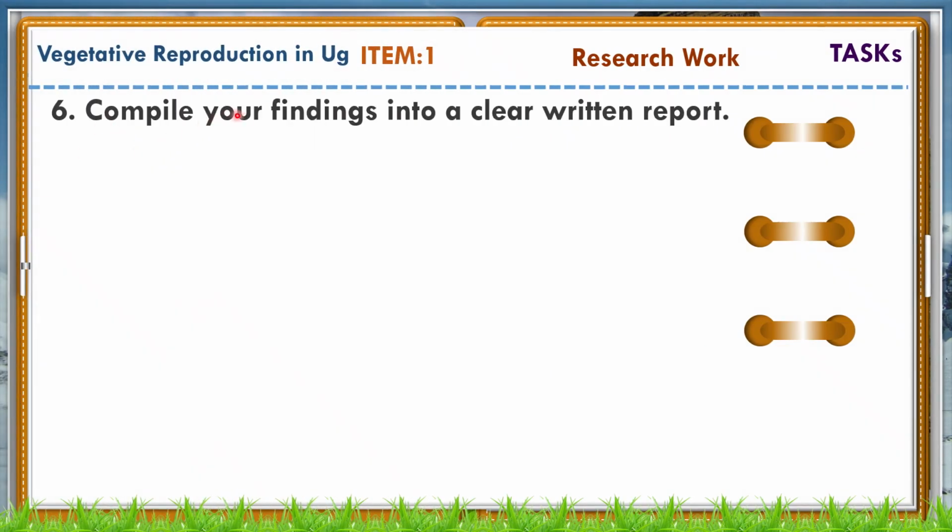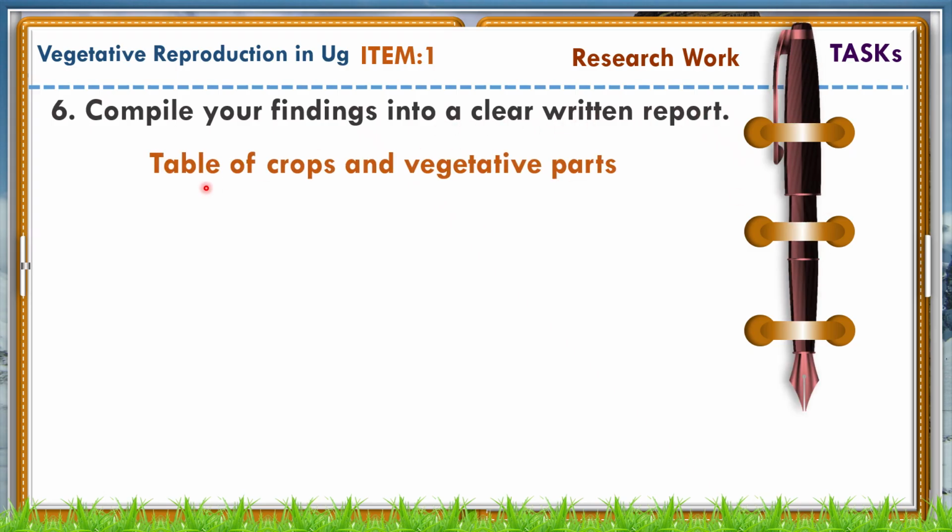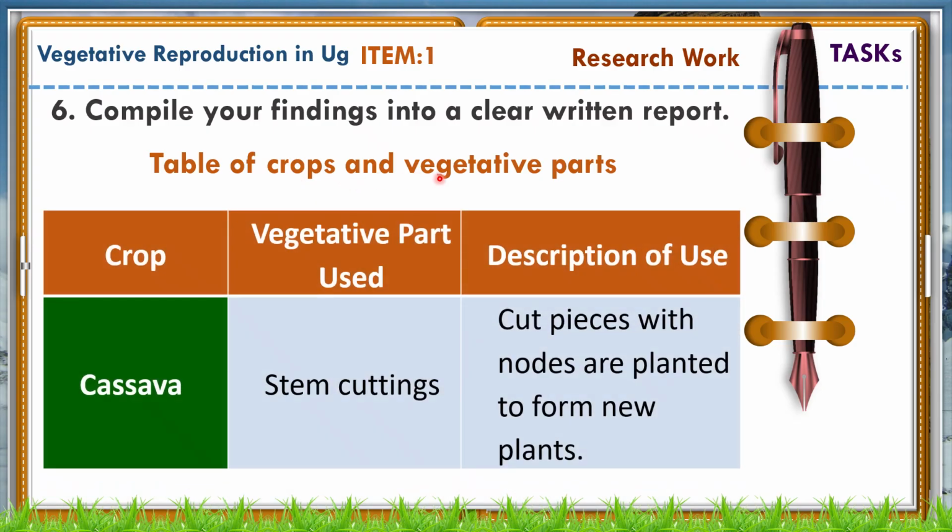We are still compiling our findings into a clear written report. So let us look at the table of crops and vegetative parts. We have the crops, the vegetative part used, and the description of use. We start with cassava. For cassava, the vegetative part is the stem cuttings.